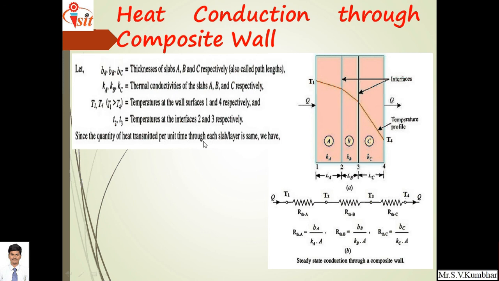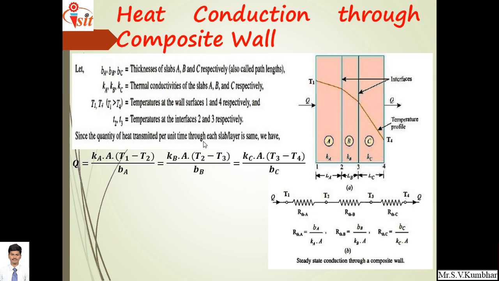Since the quantity of heat transmitted per unit area per unit time through each slab is the same, we can write Q is equal to Ka A (T1 minus T2) upon Ba. Remember, this is the amount of heat transmitted through material A, where Ka is the thermal conductivity of A, A is the area, and T1 minus T2 is the temperature drop.